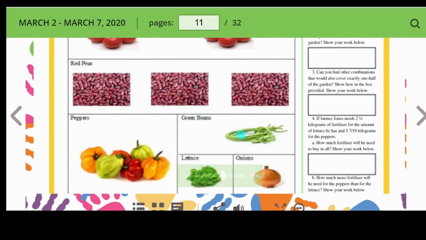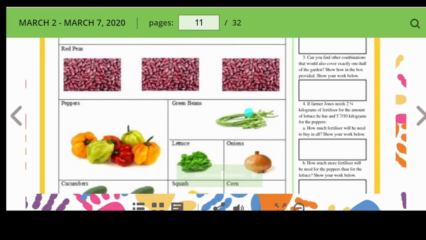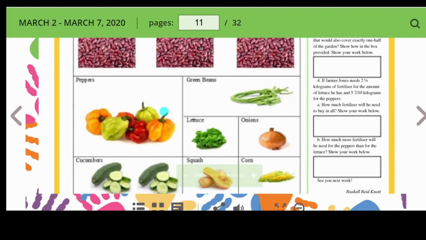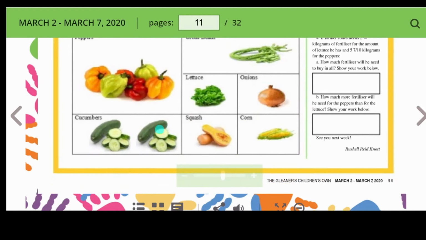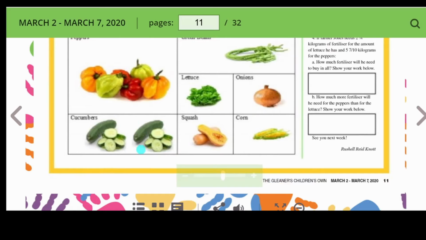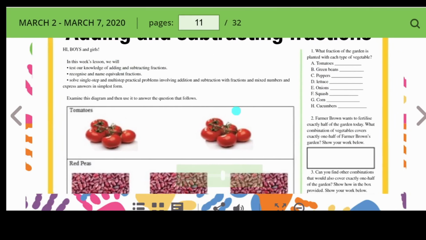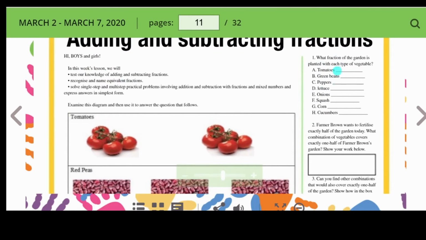So if we split this part, we have 2 parts out of 20. For the peppers it would be 4 parts out of 20. The cucumbers as well, 2 parts here. The squash 1 part, the corn 1 part. So that is how we would answer question 1.